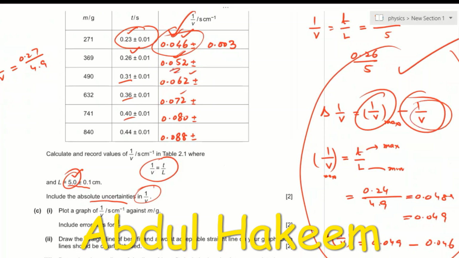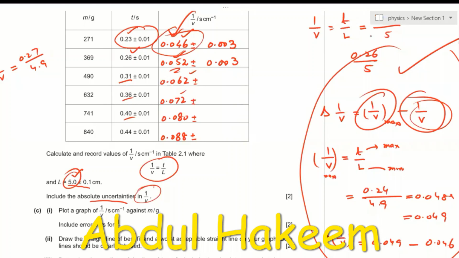This value is 0.052. So minus 0.052. The answer is coming again same, 0.003. So this is the method to calculate the uncertainty, either by using this maximum minus minimum, maximum minus the normal value, or the percentage uncertainty is up to you.